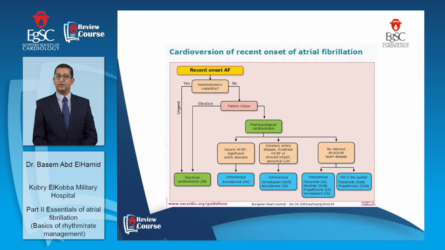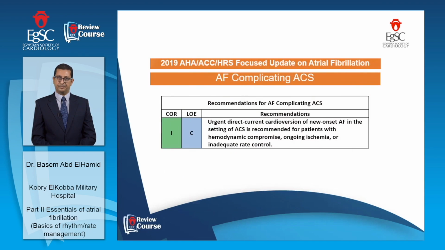In cases of coronary artery disease, moderate heart failure with reduced ejection fraction, heart failure with preserved ejection fraction, or abnormal LVH, give intravenous amiodarone or vernakalant. In case of severe heart failure or significant aortic stenosis, intravenous amiodarone is the choice.